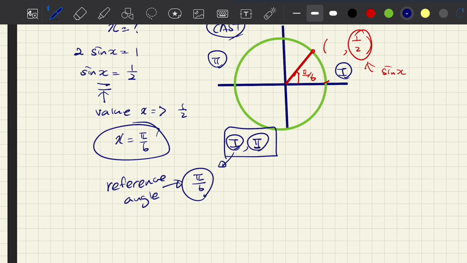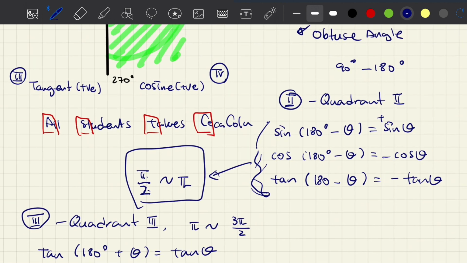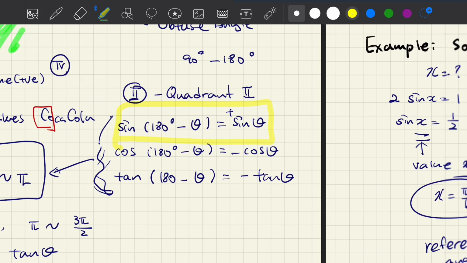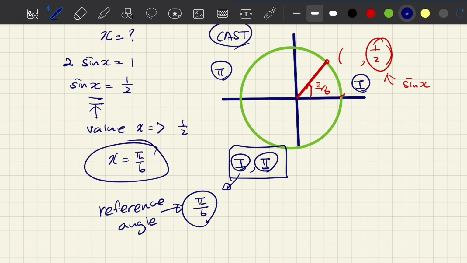According to the reduction formula, if the angle is in the second quadrant, we use this formula: sine of 180 degrees minus theta is equal to sine theta.